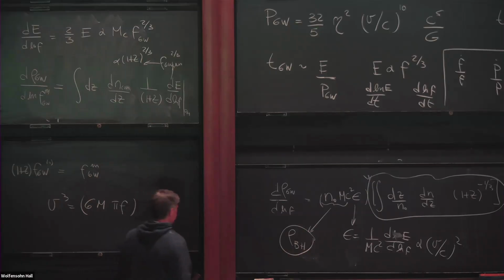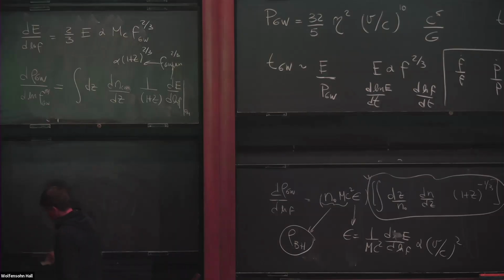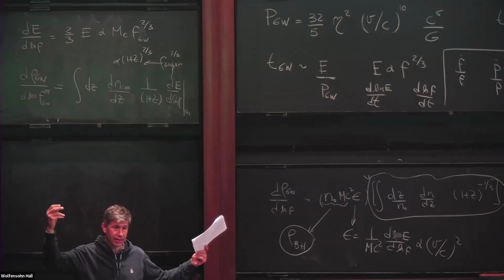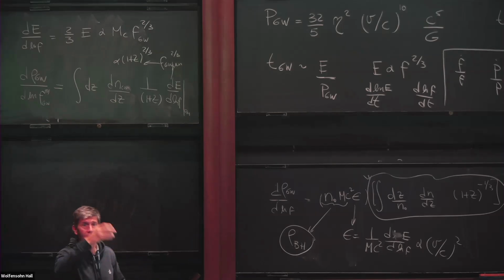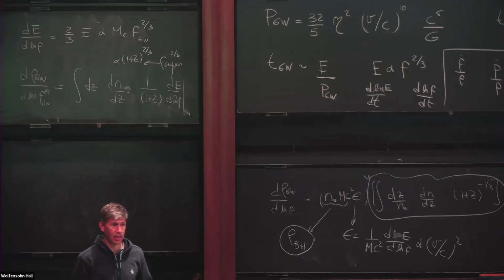There's another argument, which is called the Sołtan argument, which goes something like this. In addition to merging, these black holes accreted matter, okay? When they accrete matter, they shine, okay? And so we see these black holes in the form of quasars at high redshift shining light. And so perhaps by looking at those quasars, I can try to guesstimate how much mass there is in these black holes.